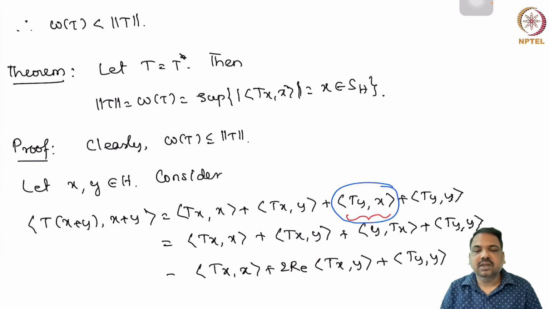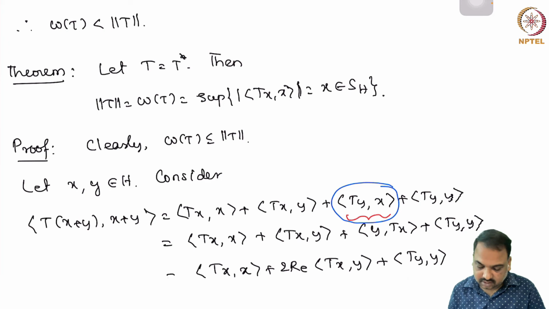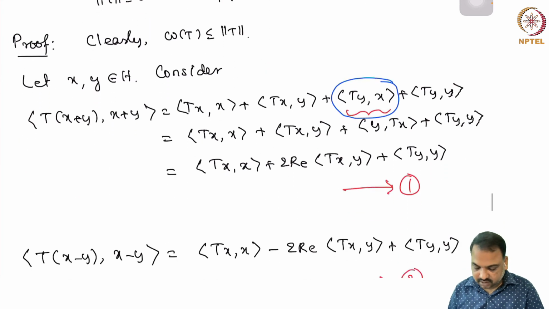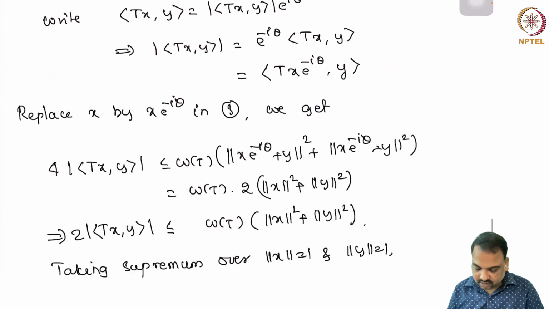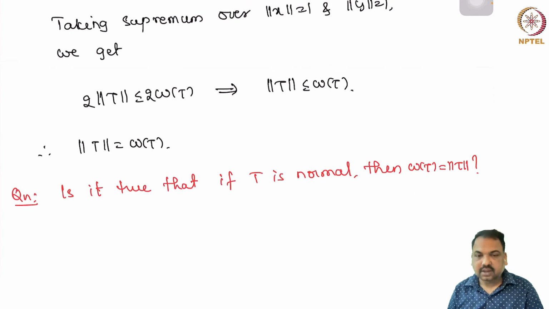It is enough to look at the inner product of Tx with x. So we don't have to look at all possible x and y. It is enough to look at y equal to x and get the formula in an easy way. And in fact, most of the times, because of this formula, finding the norm becomes very easy.